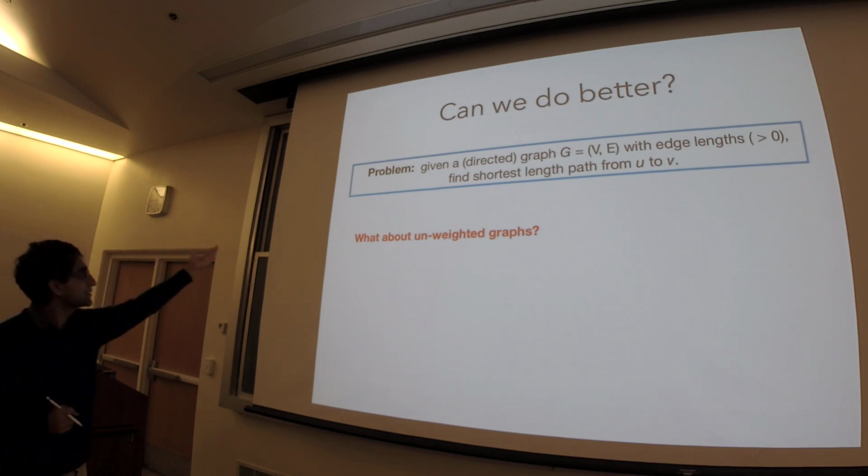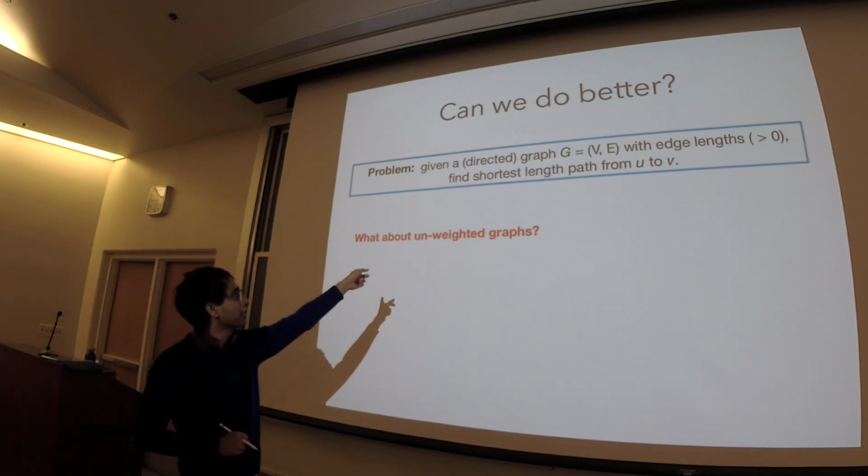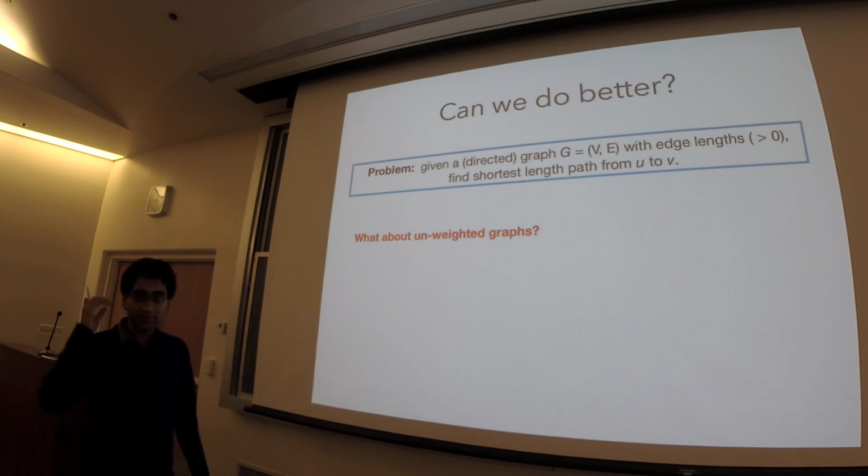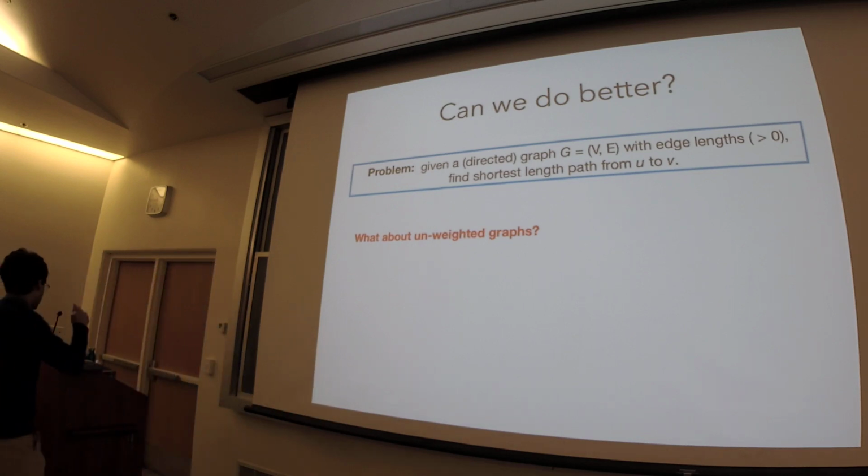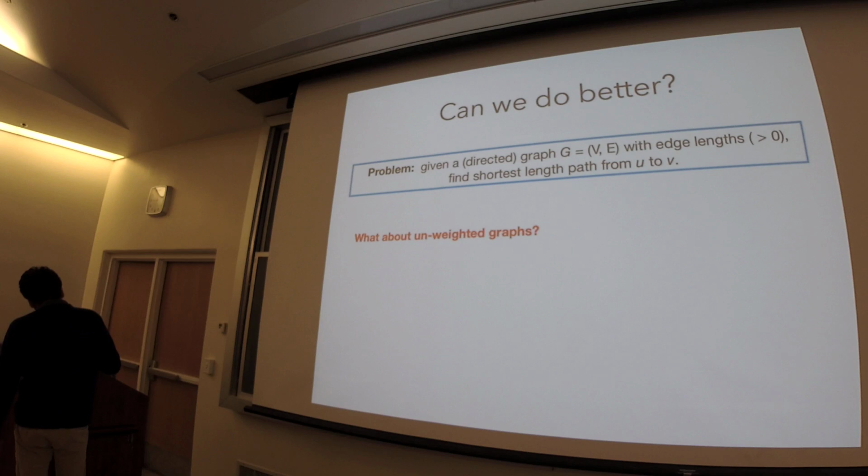And the question you've got to ask yourself, one question is, what about unweighted graphs? If you don't have edge weights, right? So I tell you that every edge is of length 1. So this is just some unweighted directed graph.